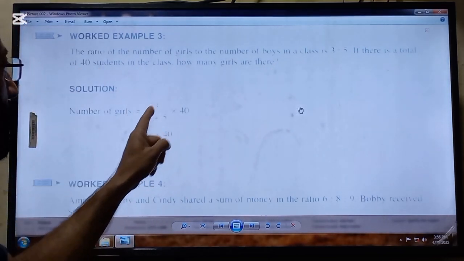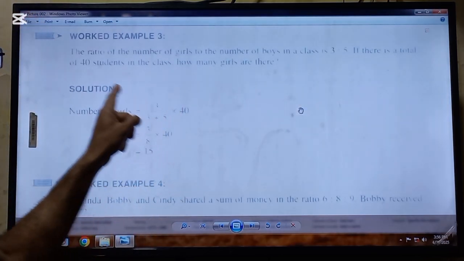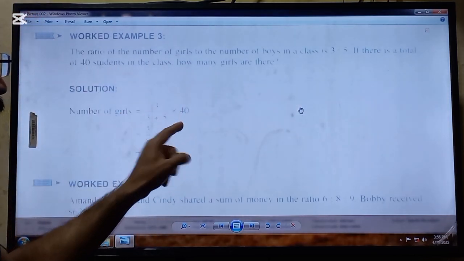So 3 over 3 plus 5, multiplied by the sum of the quantities, that is 40.